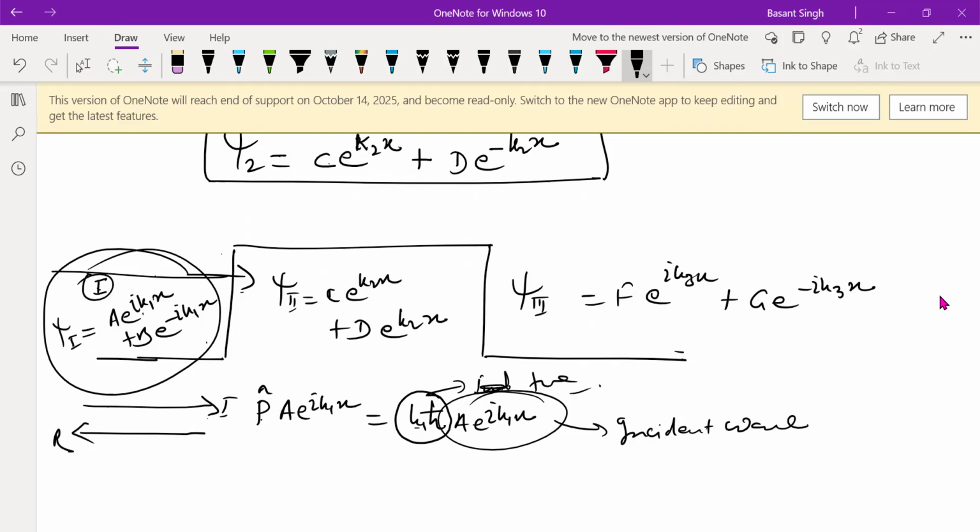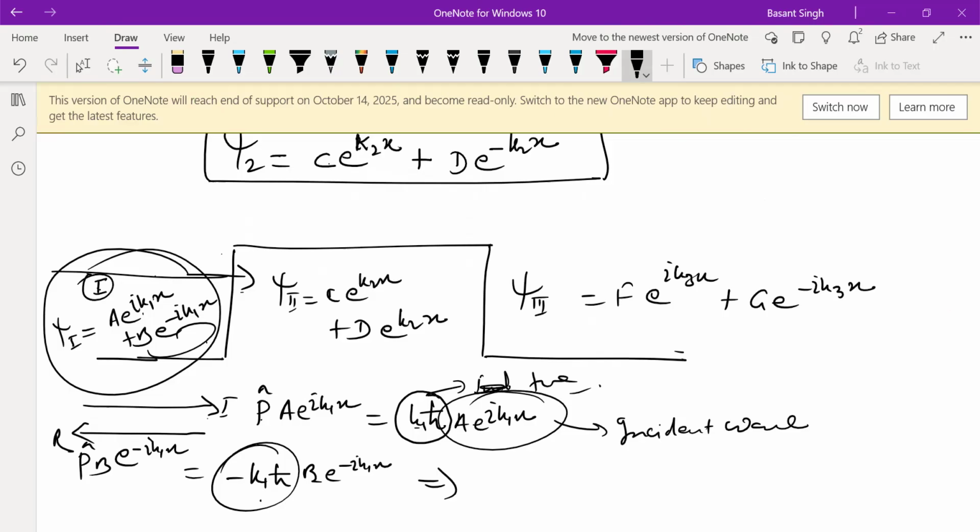Now, for this e to the power minus i k1x, if we apply the momentum operator, then this gives minus k1 h-cross times B e to the power minus i k1x. So here the momentum is negative and this indicates that the direction is opposite to the incident wave. So this is the reflected wave, having the same magnitude but opposite direction.